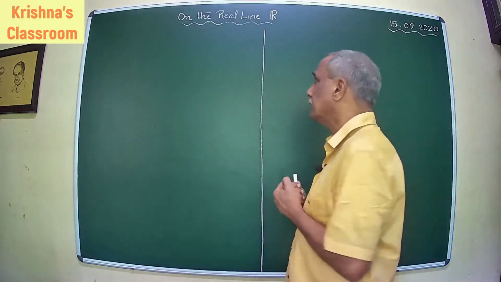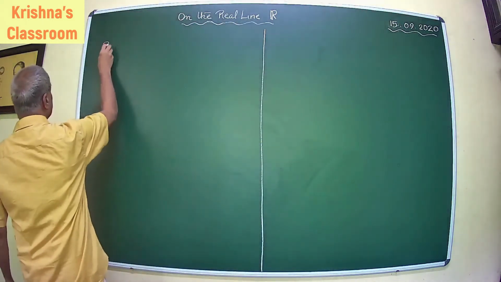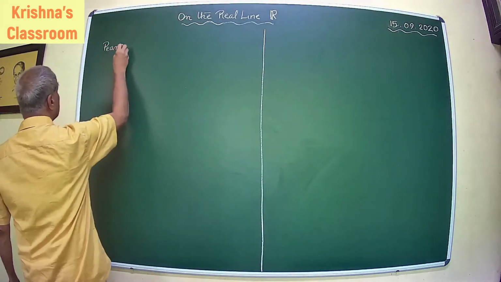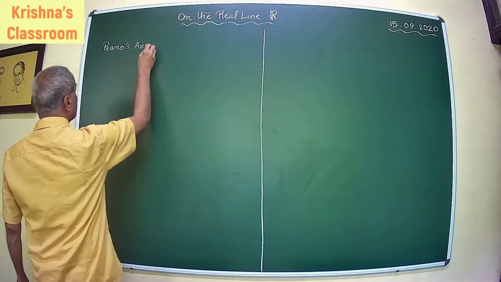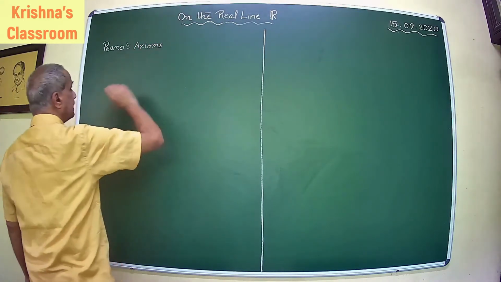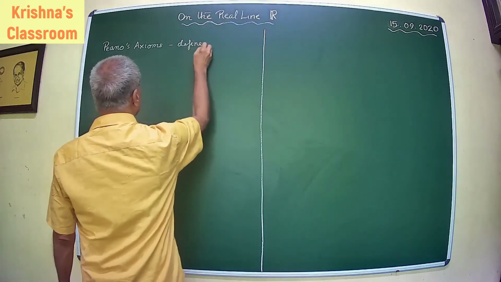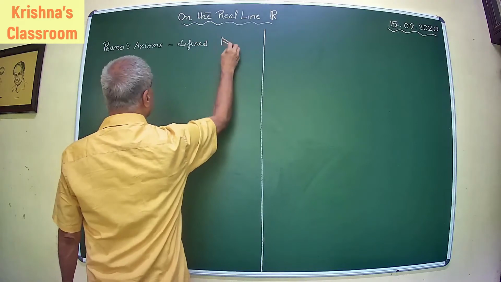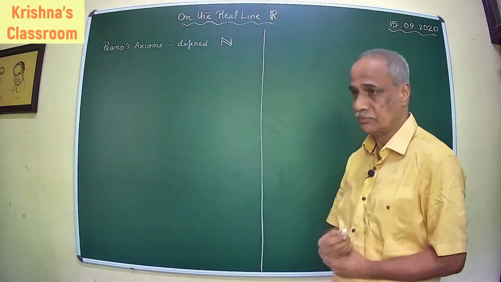We first introduced what are called the Peano axioms. And that defined the set of natural numbers. That was the beginning.